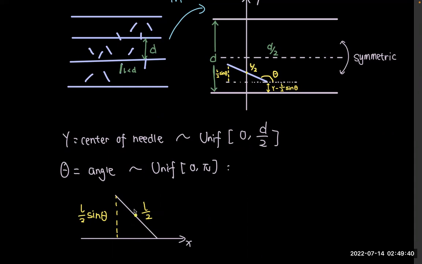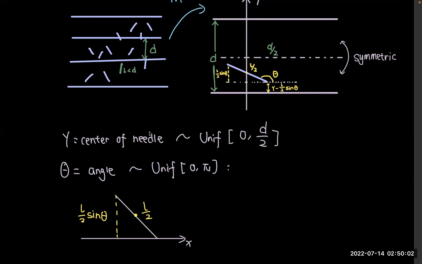Now if the center of the needle is above this L over 2 sine theta, then this needle will not touch this line, right? If it's below, the needle will be here and it will cross this horizontal line. Okay, so that's the idea.